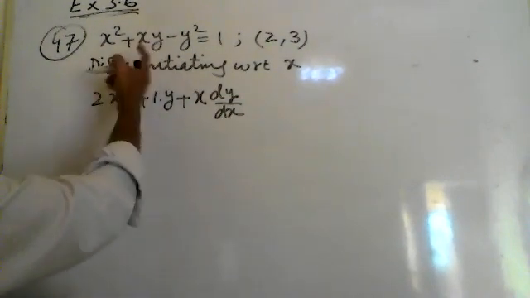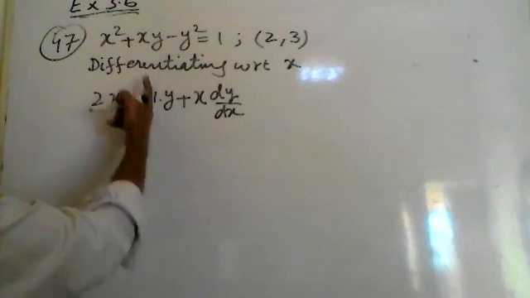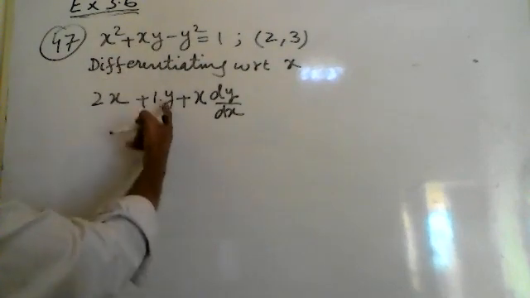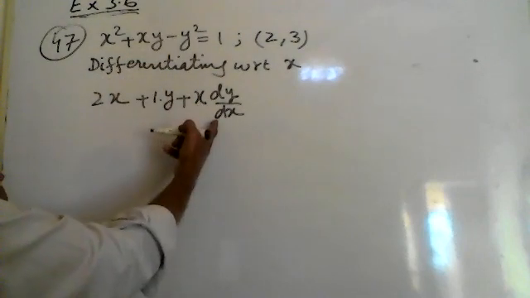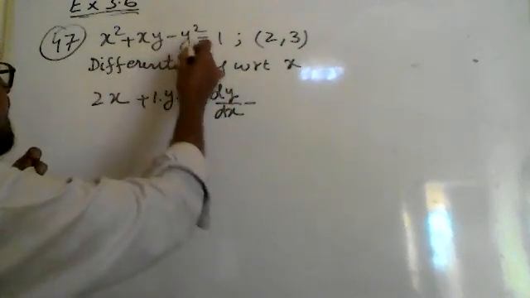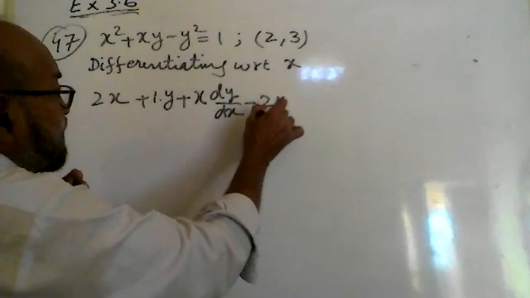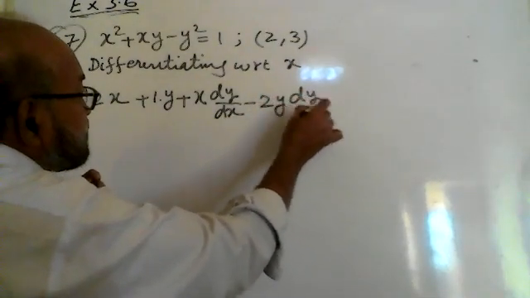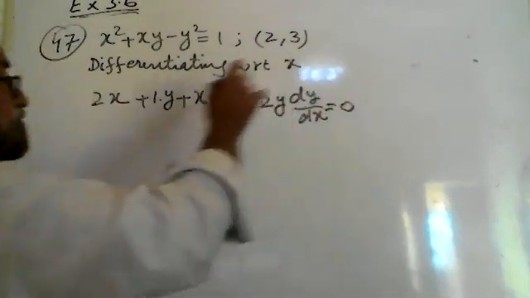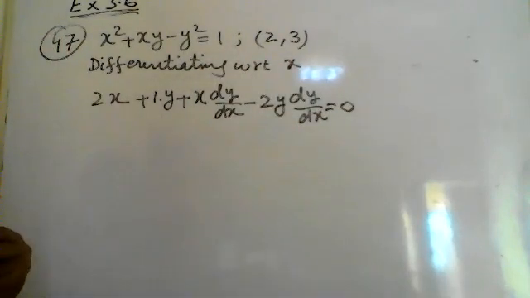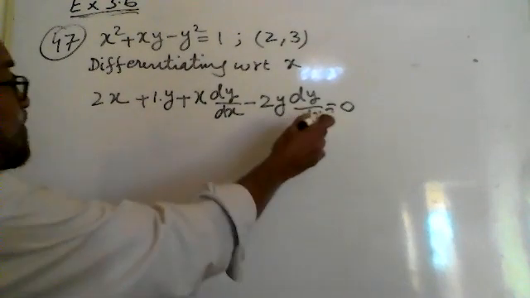Minus derivative of 2y square will be 2y dy upon dx. Derivative of 1 will be 0.